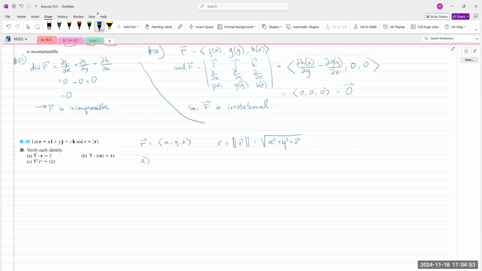Part A, what is the divergence of vector r? It will be the partial of x with respect to x, then y with respect to y, and z with respect to z. That's 1 plus 1 plus 1, that's 3.